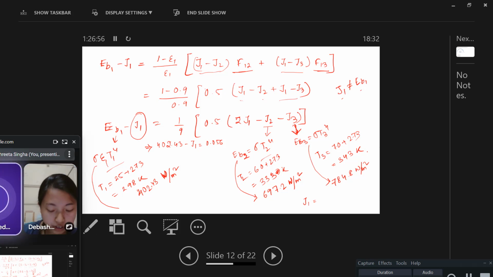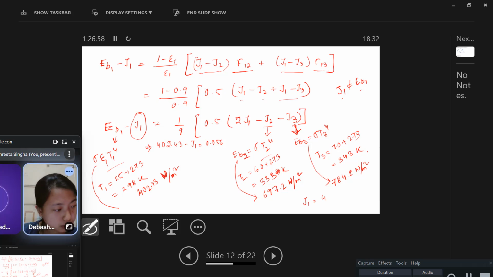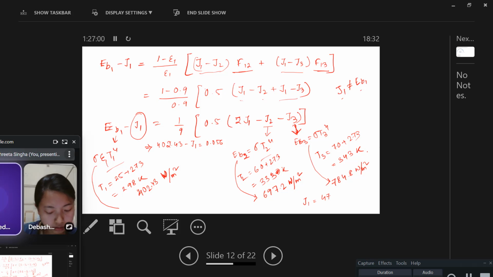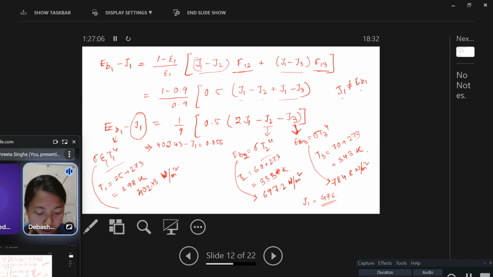J1 only, I'm getting 650.34. Okay, I have not calculated it, but here it is written 476.64.